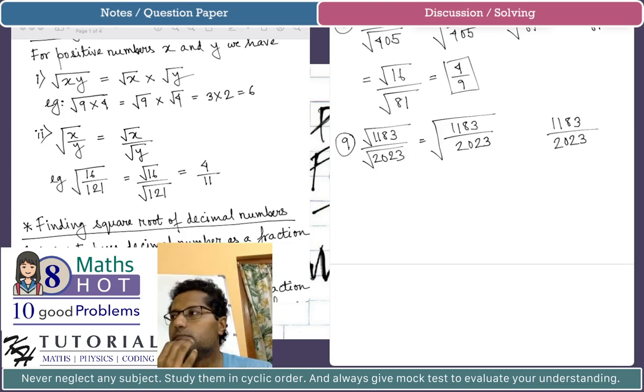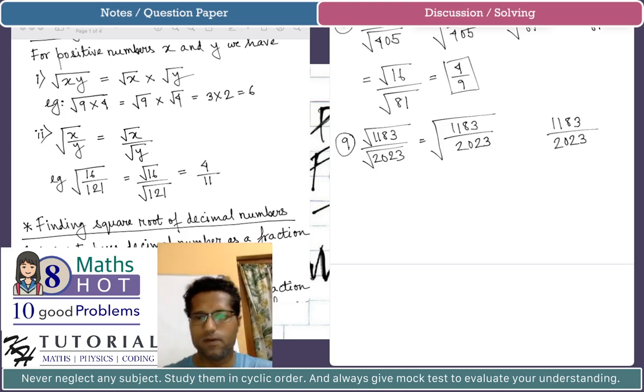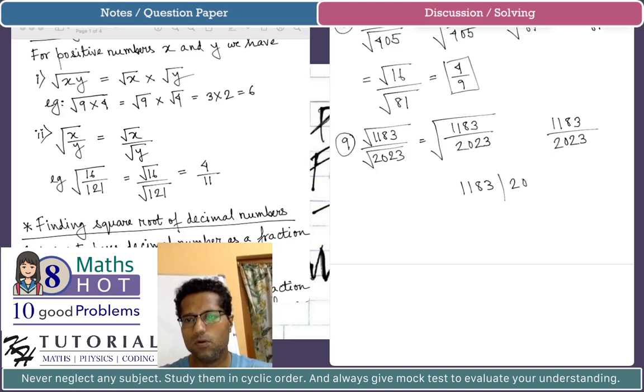What was that? If I remember, to find the HCF between two numbers, 1183 is the smaller number. We divide 2023 by 1183, it will be 1.